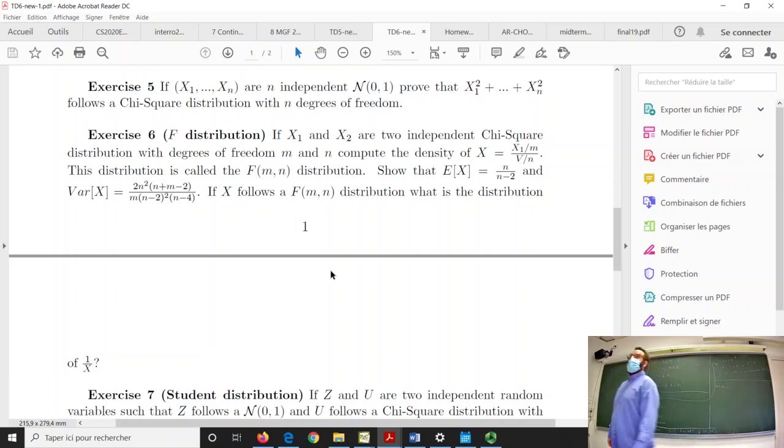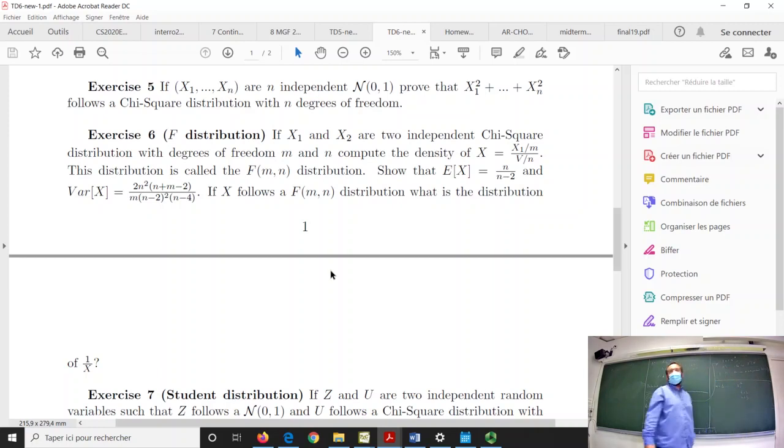For n equal to 1, I am interested in X1 squared. We have already done the job together concerning this in exercise 5 of list 5.